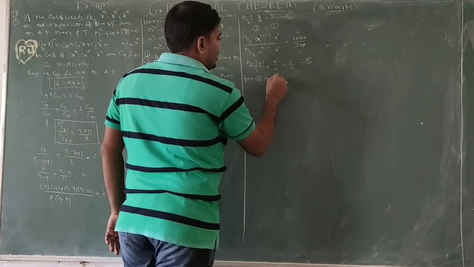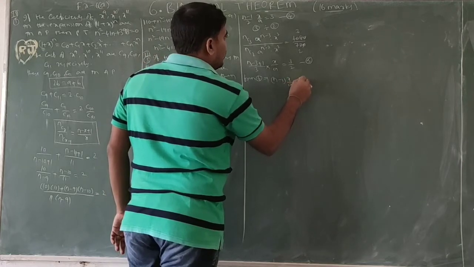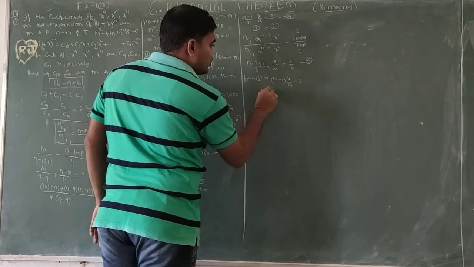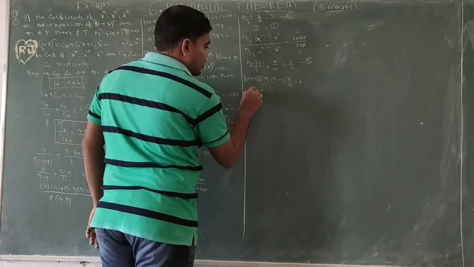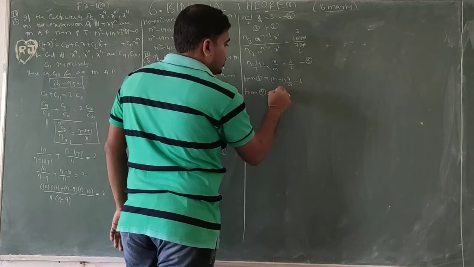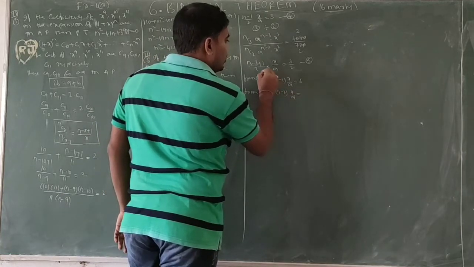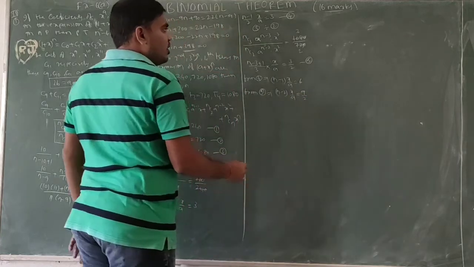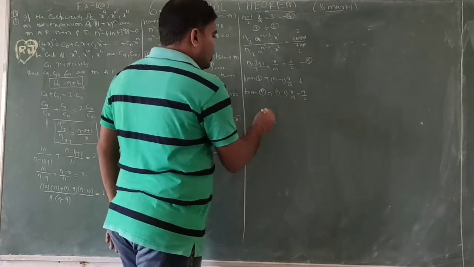Now I am dividing 4 with 5. From 4, n minus 1 into x by a equal to 6. From 5, n minus 2 into x by a equal to 9 by 2 after cross multiplying.